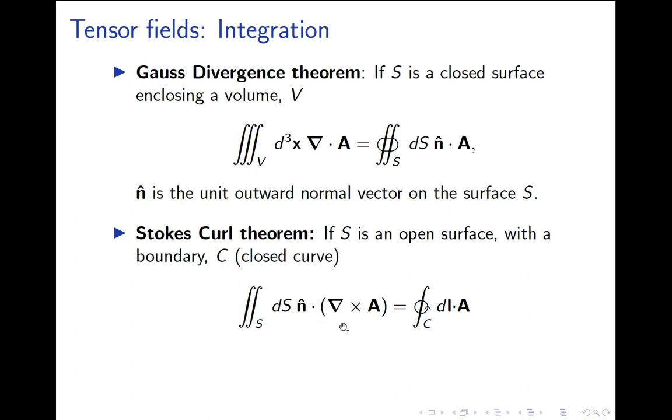In particular, if the closed loop is a planar loop, you can take the surface to be the planar surface as well, but you don't have to. You can take some other surface which doesn't lie in the same plane as the loop C. For example, you can take a disk, which is bounded by a circle.